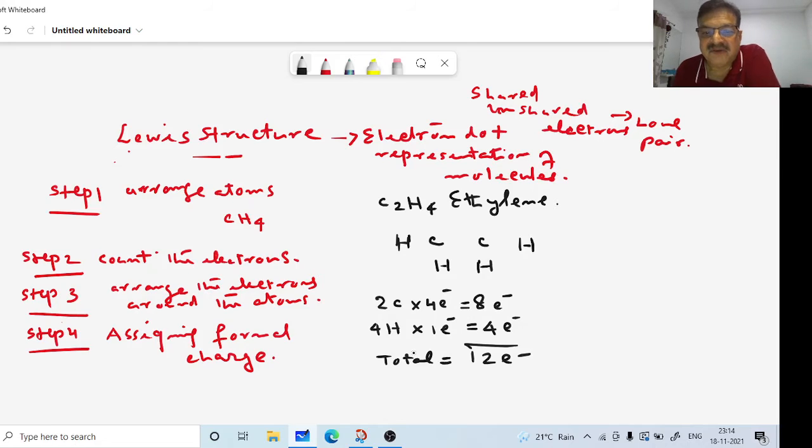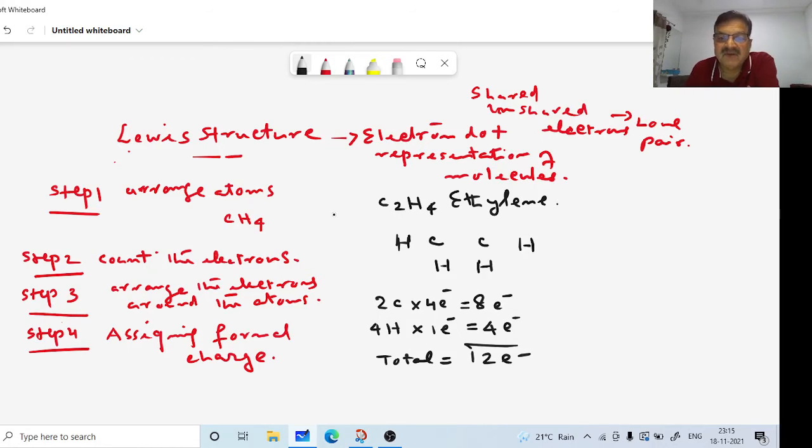We should see in the structure for ethylene that all these 12 electrons are used, and also ensure that hydrogen does not have more than 2 electrons and carbon does not have more than 8 electrons, as a second row element. Now step 3 is adding all the bonds and lone pairs.